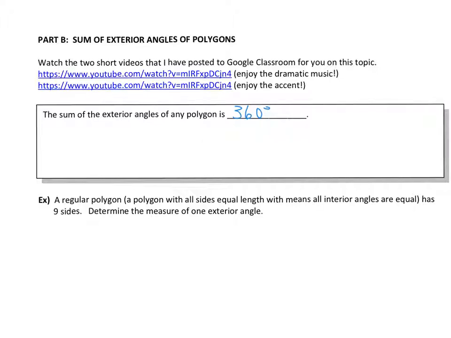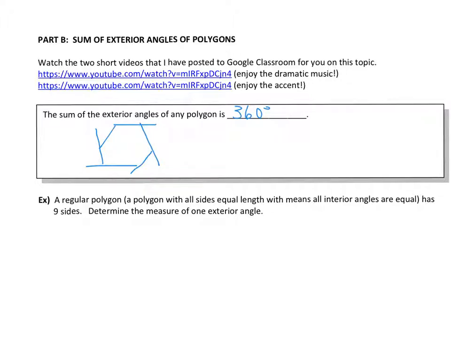So what I want you to do here is just draw a polygon where you're showing exterior angles. I'm drawing in my exterior angles. I've done a 6-sided polygon, which is a hexagon. It doesn't matter which kind of polygon you draw there. You can draw several if you would like.